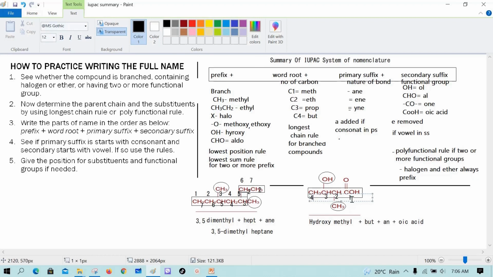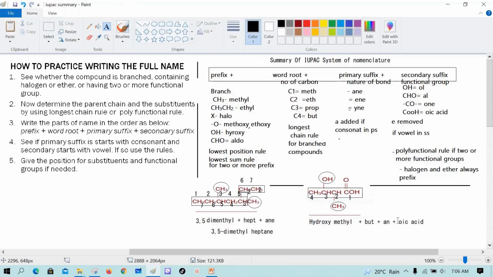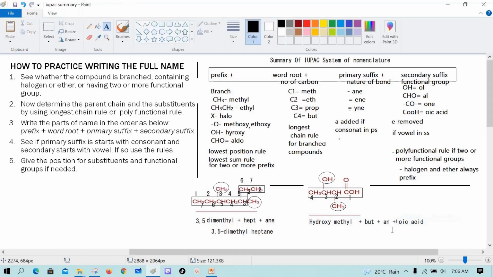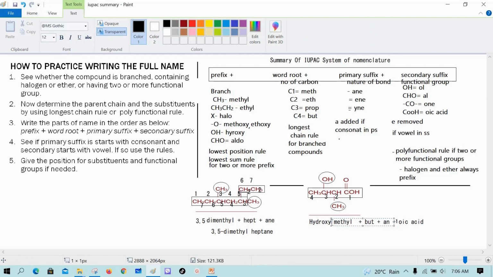Now the COOH group, oic acid, gets position 1, which we can write over here. We have CH3 at position 2, so methyl gets position 2. Hydroxy is at position 3, so we give it position 3.